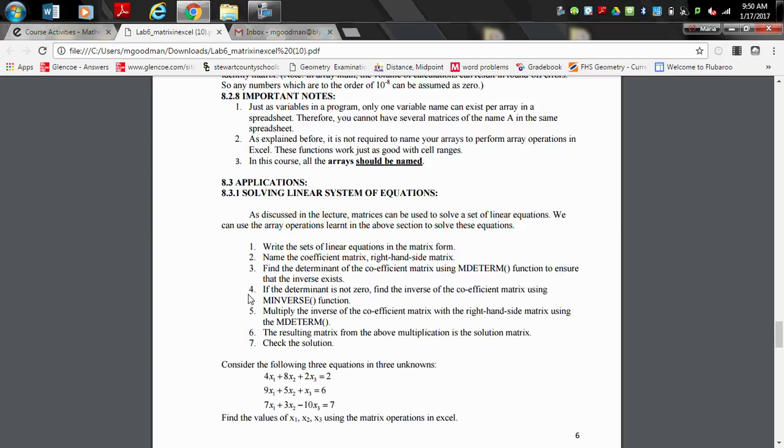The second step, you have to take the numbers from your system of equations and divide them into two sides. Just the numbers.